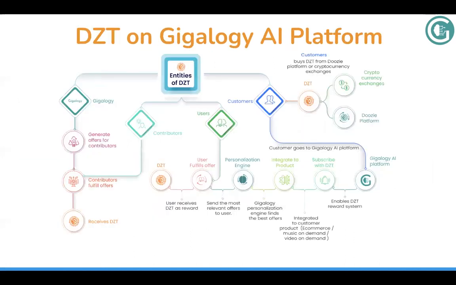Okay, so now let's take a look at how the Doozie token will work on the Gigalogy AI Platform. Before I get into that, let me first tell you a little bit about how the Gigalogy AI Platform works, or what it is we are talking about. This AI platform is the place where businesses or individuals can come and look for an AI solution.